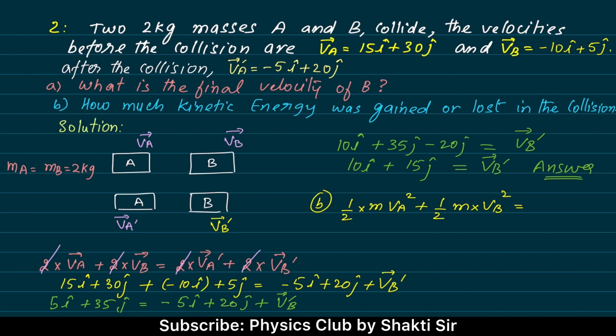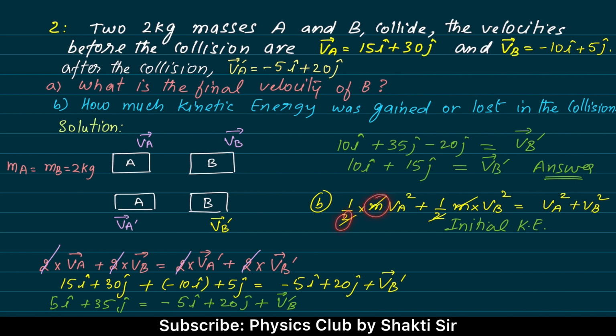You can see the mass is 2 kg. So once you put the values, the 2 and 2 cancel. So you simply have VA square plus VB square. This is the value of the initial kinetic energy of the system. Why did I cancel this 2 and this mass?